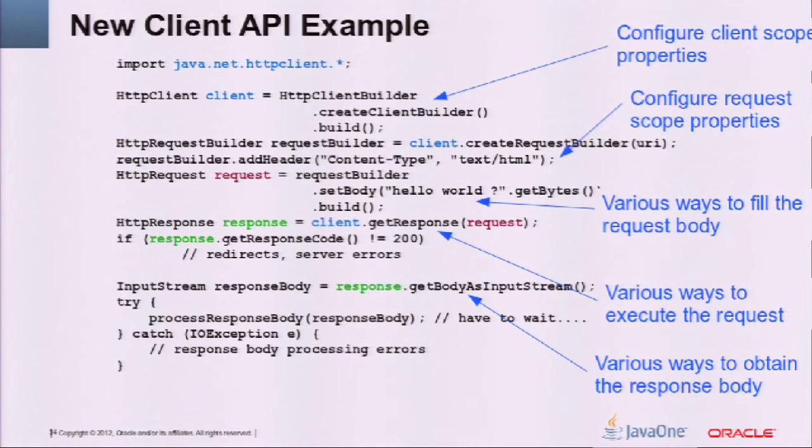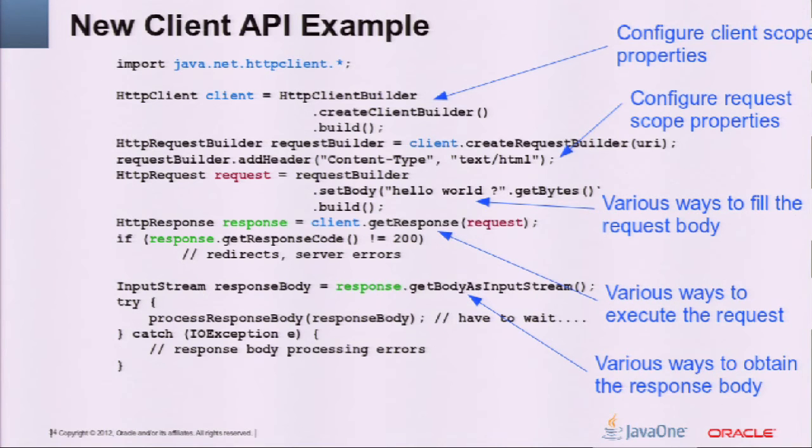So let's just look at some of the high-level knobs and things we can twiddle when we use this kind of template. On the client builder, this is where we configure client scope properties, and I'm going to talk about them in a bit more detail, but things like the connection pool, default timeouts for making requests, and so on.